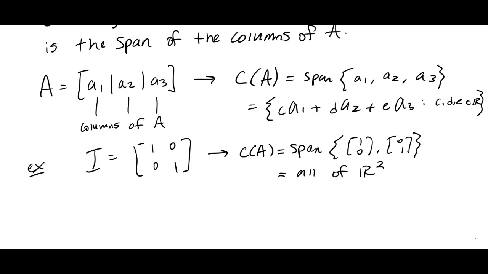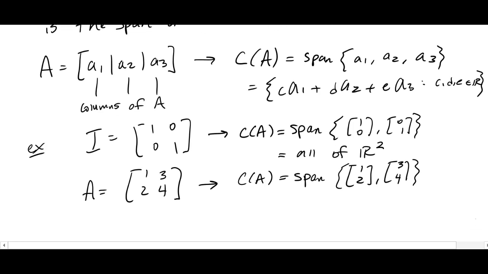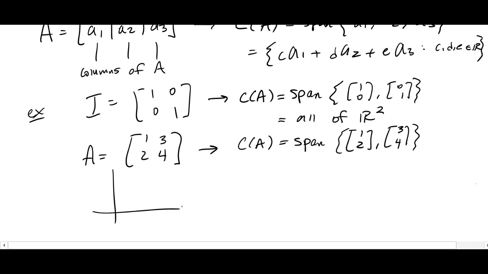If A is the matrix with columns (1, 2) and (3, 4), the column space is the span of (1, 2) and (3, 4), which is any linear combination of these two vectors. But these are two independent vectors. They're not parallel. So you can write any vector in R2 as a combination of these two, so the span of these two vectors is also all of R2.